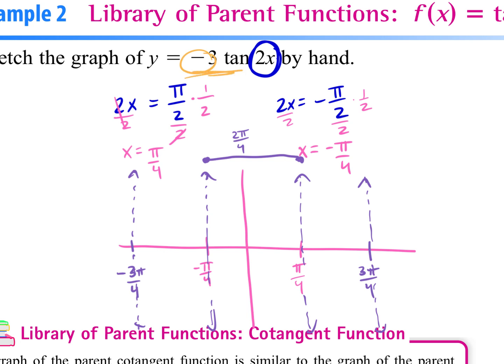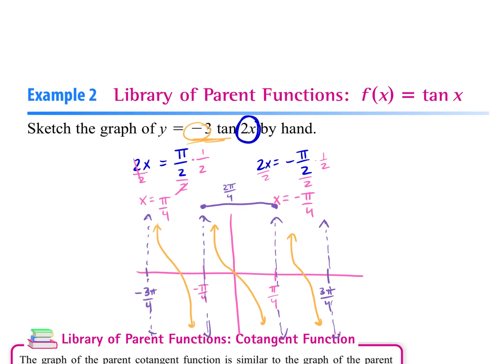So instead of increasing, we would then be decreasing. So our snake is now going in the opposite direction. So we're just going to draw our 3 snakes there. So remember, for all of our tangent graphs, we need 4 asymptotes and 3 snakes.